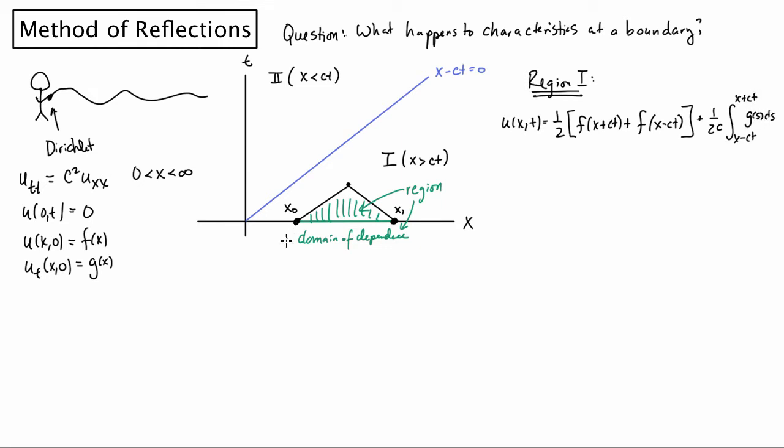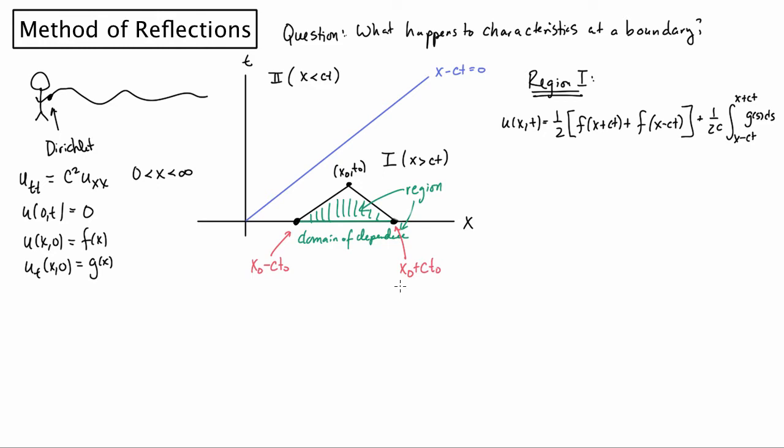In particular, let me change my notation a little bit here. Let me call this the point x0, t0. Then this will be the point x0 minus ct0, and this will be the point x0 plus ct0.